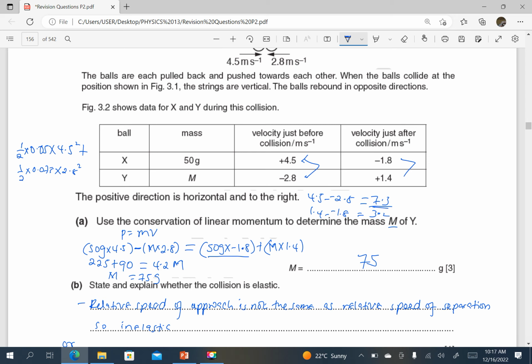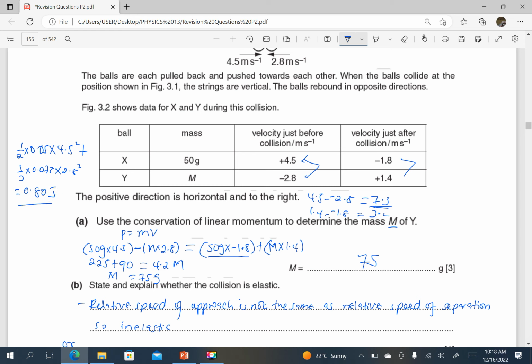So that is a half times 0.05 times 4.5 squared plus a half times 0.075 times 2.8 squared. Total kinetic energy before collision is 0.80 joules.